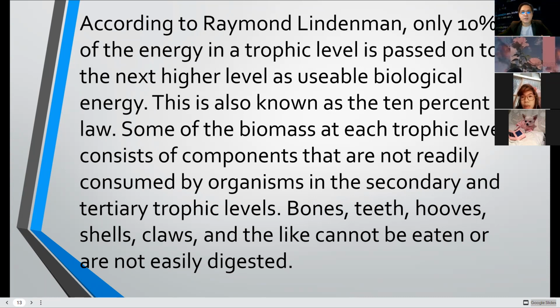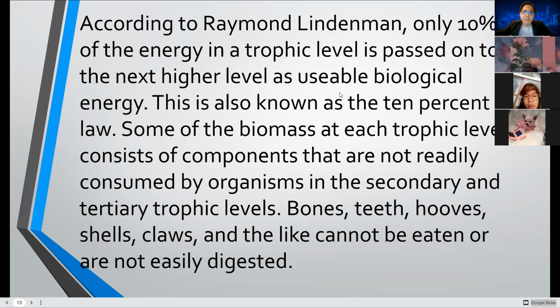Some of the biomass in a trophic level consists of components that are not readily consumed by organisms in the secondary and tertiary trophic levels. Bones, teeth, hooves, shells, claws, and the like cannot be eaten and are not easily digested.